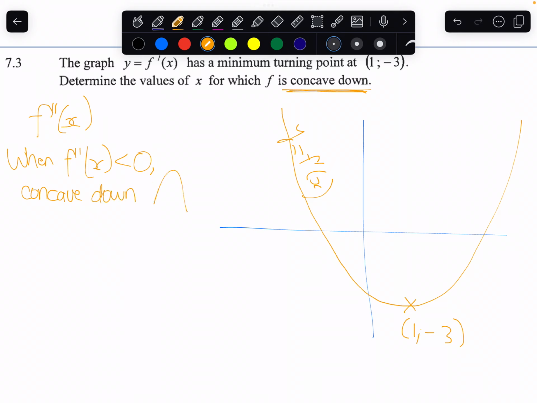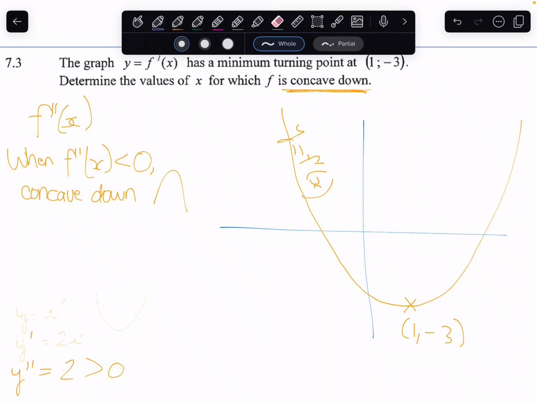Okay, let me just double check this. So I know for a fact that y is equal to x squared is concave up, and first derivative is 2x, second derivative is 2, which is greater than 0. Okay, so yes, my intuition is correct.